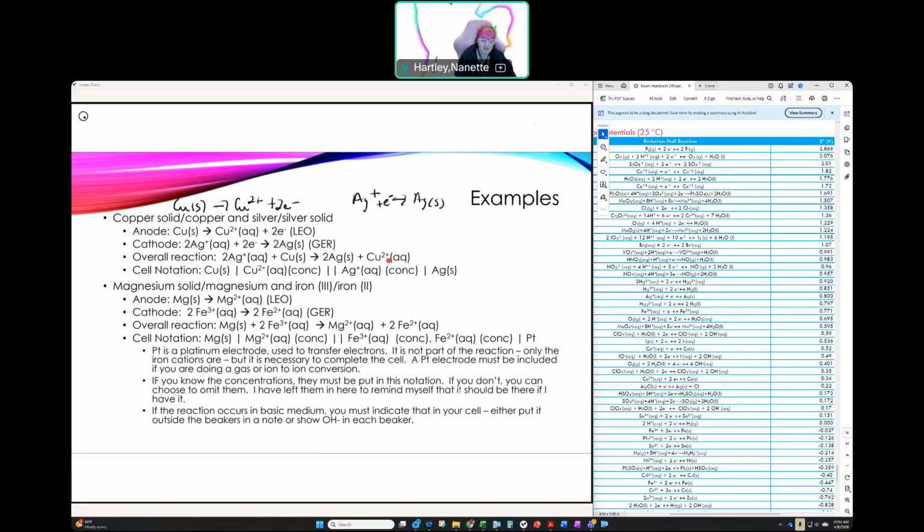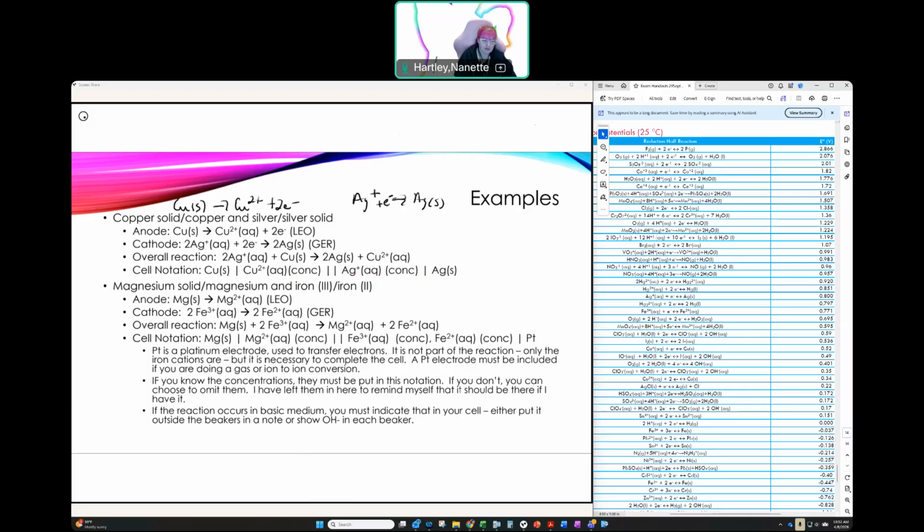And so my cell notation would be Cu solid in contact with Cu2+, and again, I just put concentration because I didn't know what it was. Different cell, Ag+ aqueous, in contact, physical boundary, with Ag solid. So that's what we're talking about there.